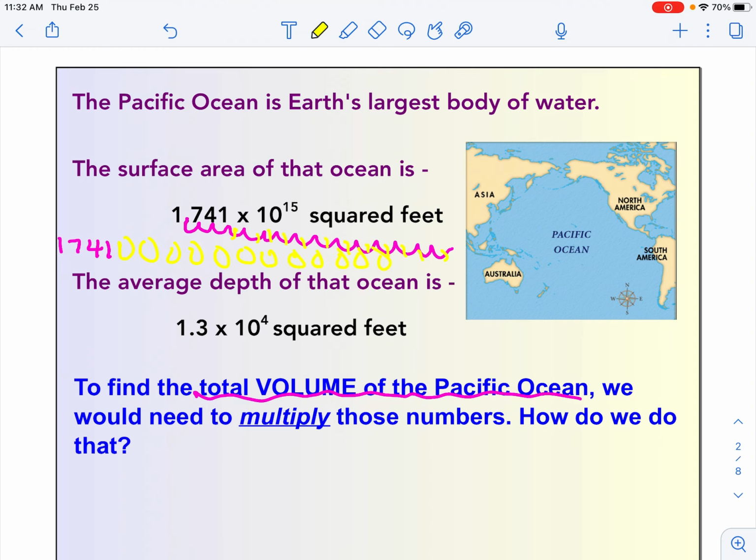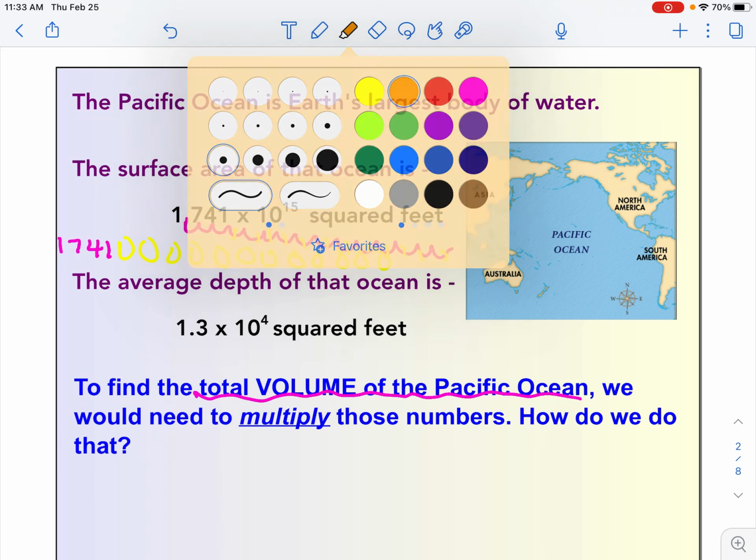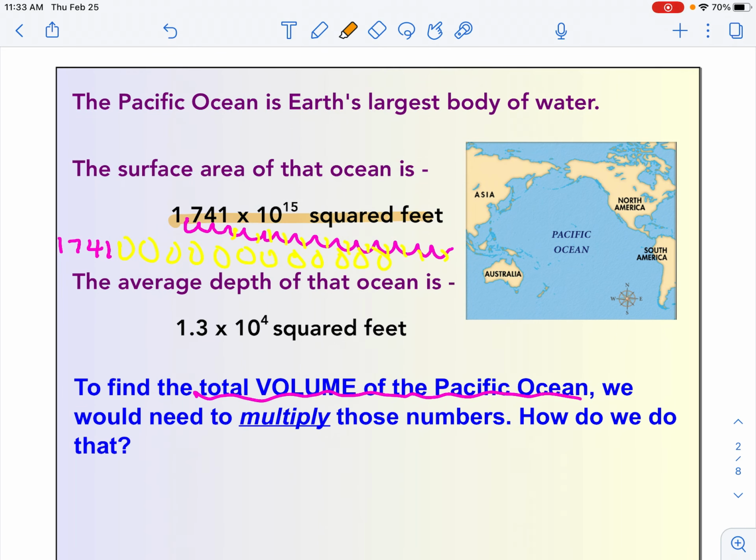And it might be really hard to enter that in your calculator and keep track of all those zeros. So instead, if we can take these two numbers and keep them in scientific notation and multiply them together, it will be a lot easier.